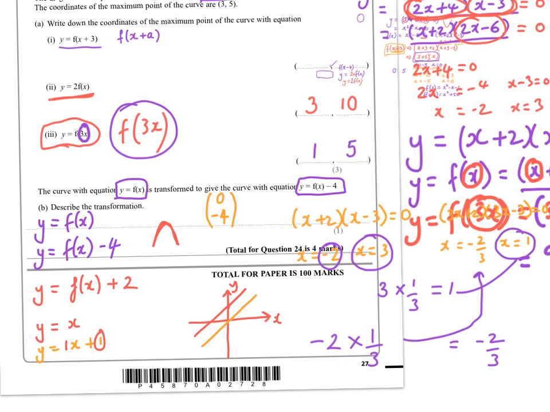So if you had your original graph here, then all we're saying is we go down by 4 units and we have the graph here, and this distance from any point you choose is always going to be the same. It's going to be 4 units each time.